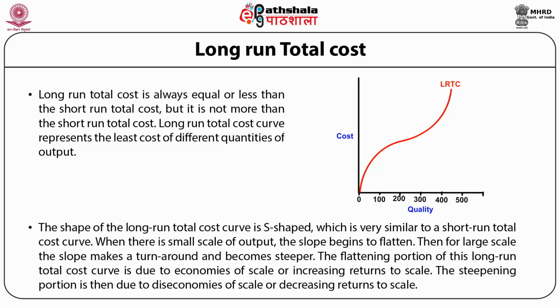The flattening portion of this long run total cost curve is due to economies of scale or increasing returns to scale. The steepening portion is then due to diseconomies of scale and decreasing returns to scale.